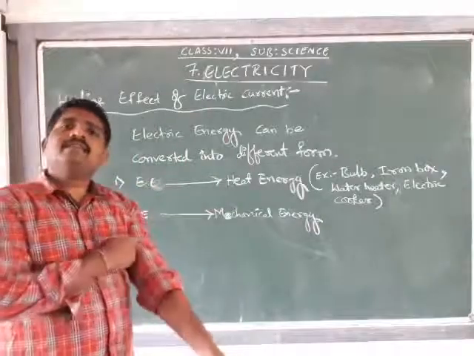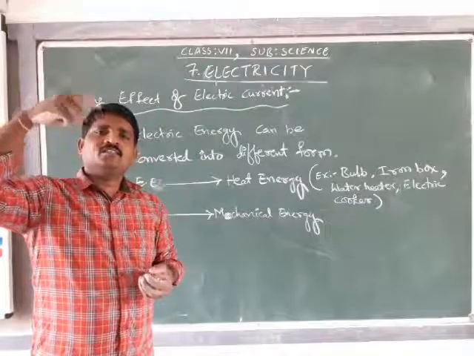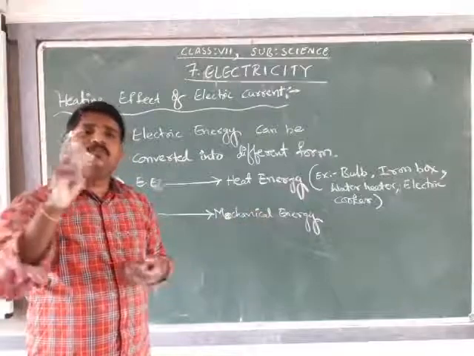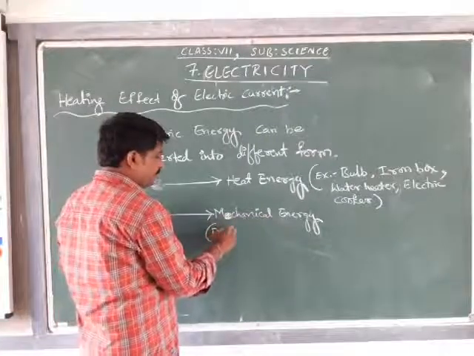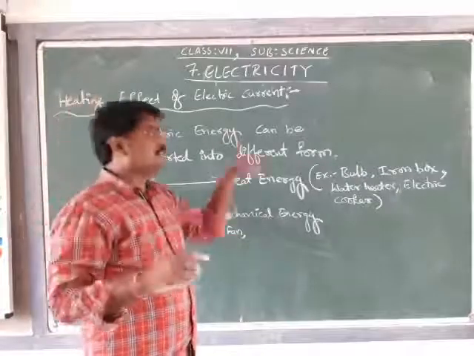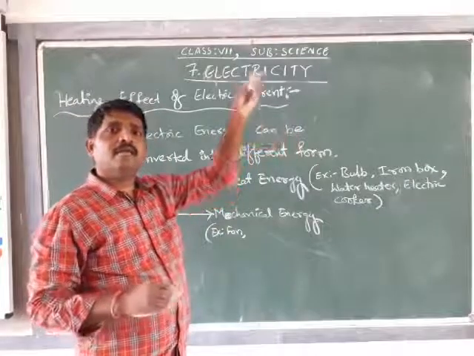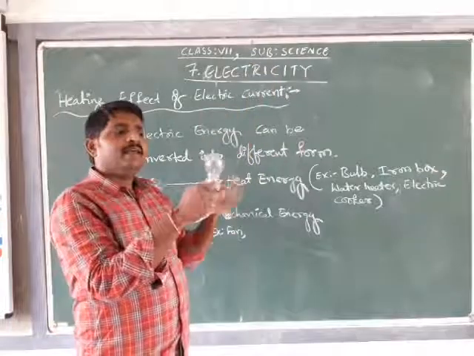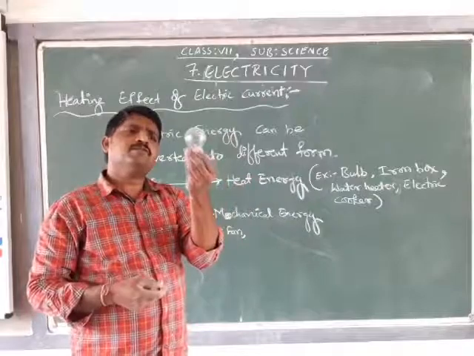That means the electric power supply is converted into mechanical energy, making that respective device rotate. For example, in fans, when you switch on, fans start rotating. When we switch on the bulb, it starts glowing; the same electric supply is converted into heat energy, which makes the bulb glow.